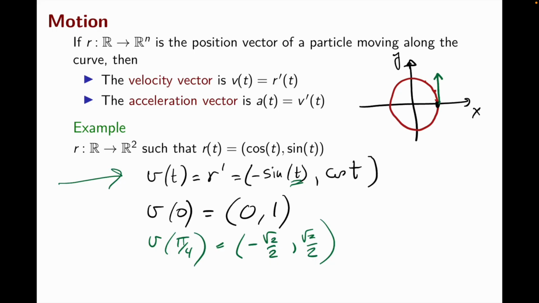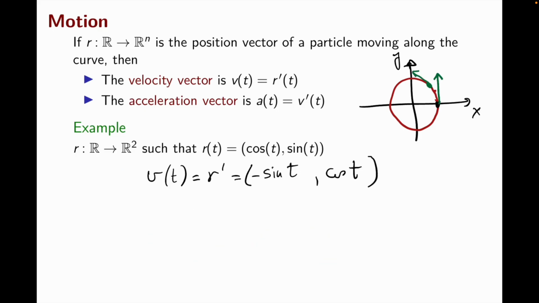Square root of 2 is about 1.4, divided by 2 is about 0.7, so it's minus 0.7, positive 0.7. So the vector here is the vector (minus 0.7, 0.7).